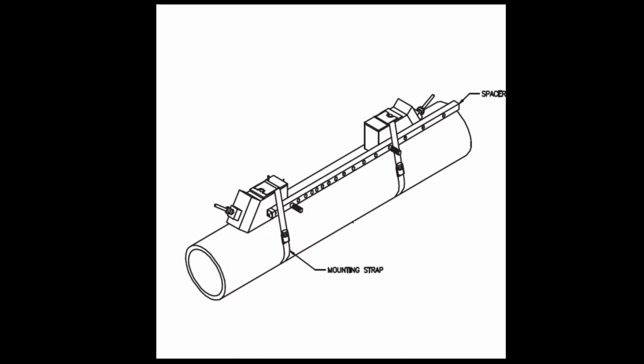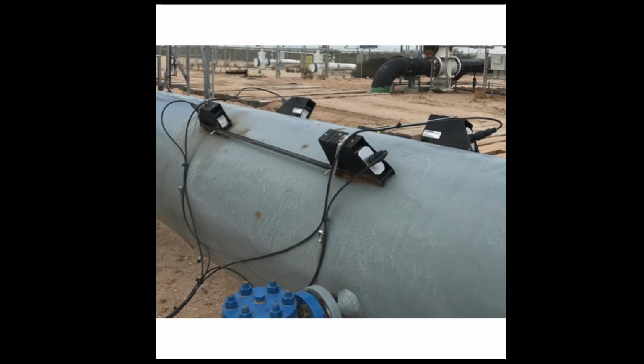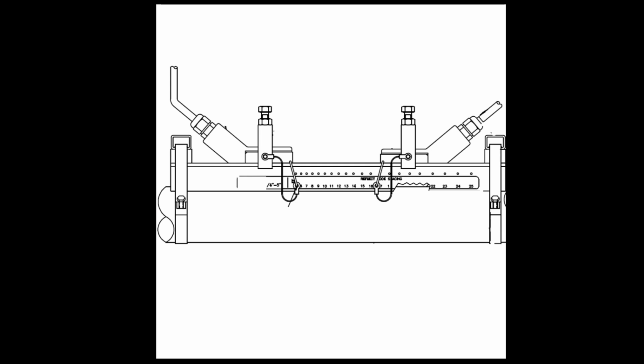One pin will go on to where it says reference, and the other pin will go on the number for the spacing index. On smaller sensors, size A and size B, it's the same principle, but you use a mounting track rather than a spacer bar.